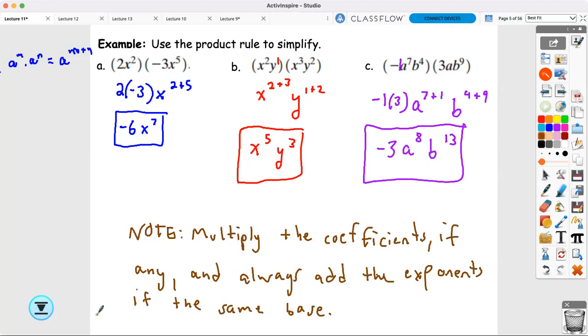But I always found that writing notes whenever we add something to a rule or property tends to help a little easier. Any questions so far before we move on? All right, so no questions.